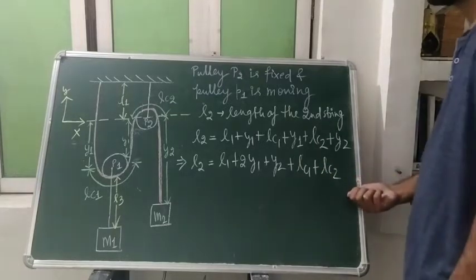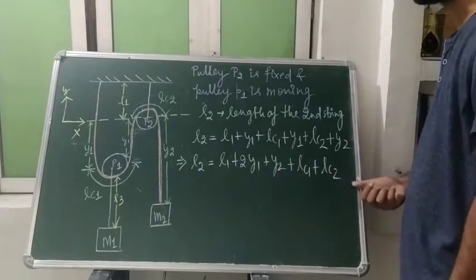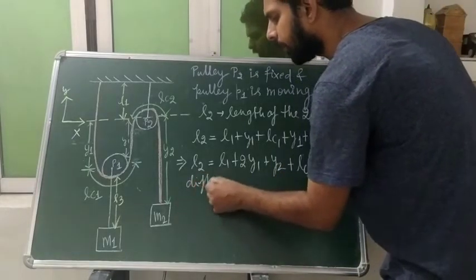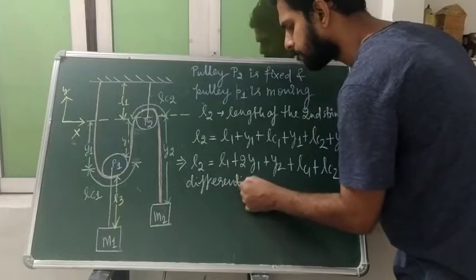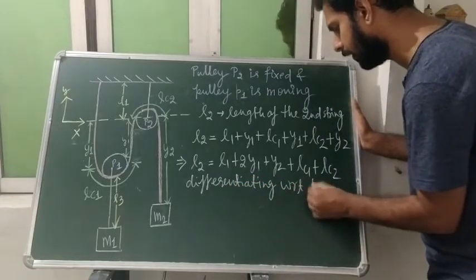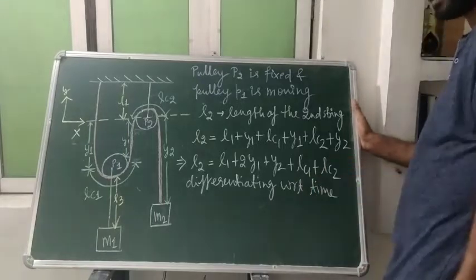So after writing the equation of the length, what will we do? We will differentiate with respect to time. So differentiating with respect to time, what will we get?